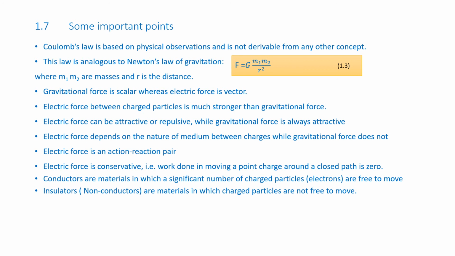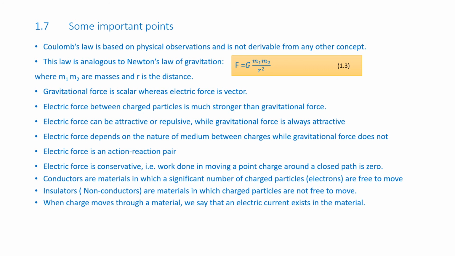Conductors. Conductors are materials in which a significant number of charged particles, that is electrons, are free to move. The property of conductor is such that the electrons are able to move freely. Insulators.